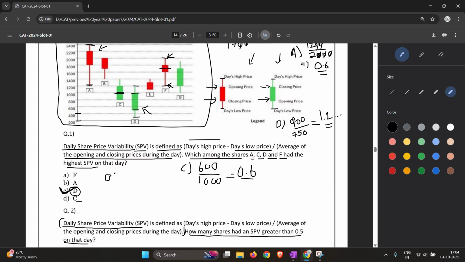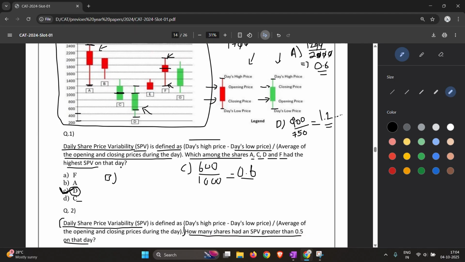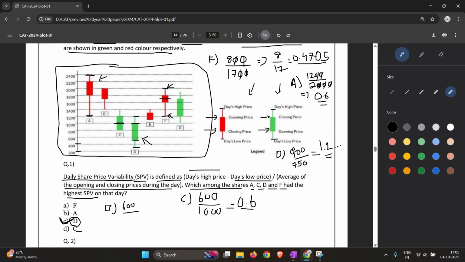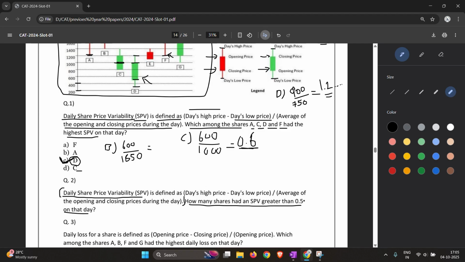Let's see what is the share price variability for B. So for B, it is 2000 and 1400. So the 600 divided by the average price, which would be 2000 plus 1700, which is 3700 divided by 2. So 1850. Even though we can calculate what the actual SPV is in decimal, since the question is just asking if the SPV is greater than 0.5, we just have to check if it is greater than 0.5, right?